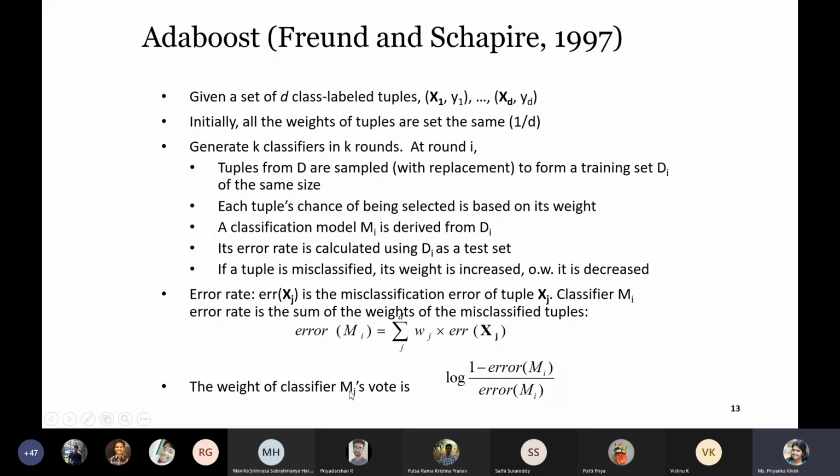Okay, so this way what happens is each time an instance is misclassified, we give more weightage in the next iteration. And in the same way, how the total classifiers vote, how we will get weight, is based on the error it makes. So if it is more accurate, it will get more weightage.